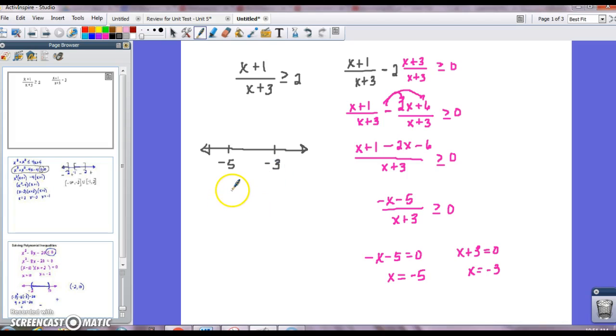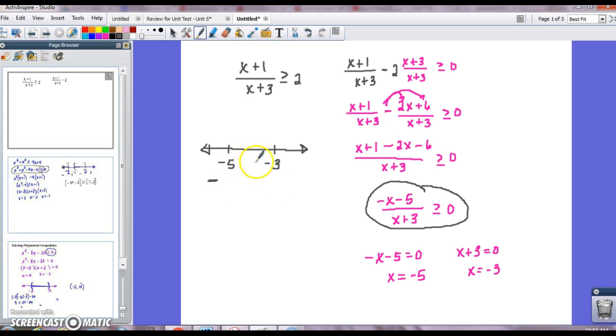And again, all I'm going to do is test values in these different intervals. So I would probably test negative 6 here. I would end up getting a negative number. I would plug these values back into this inequality here. I wouldn't go back to the original because that makes it a little bit harder. So plug negative 6 in and you would get a negative number.